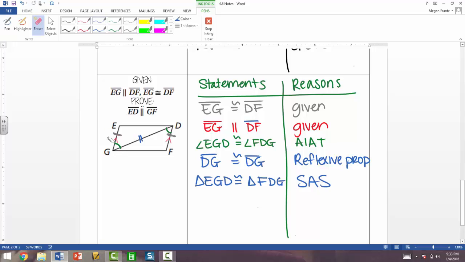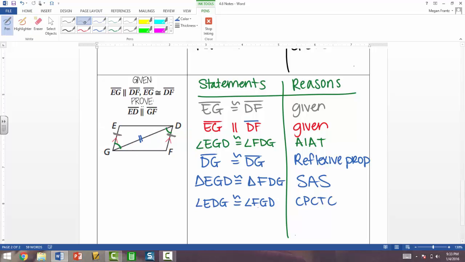So now we're trying to prove that ED is parallel to GF. So I want these two lines here to be parallel. In order for that to happen, we got to know something about these angles here. But we already do. I know that angle EDG has to be the same as angle FGD because of congruent parts of congruent triangles are congruent.